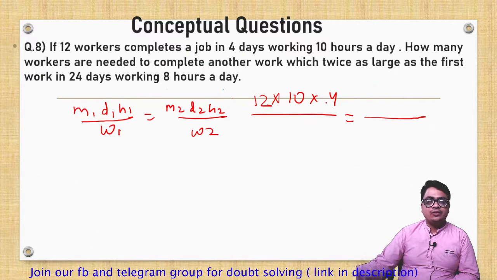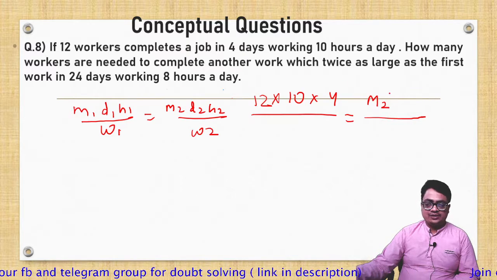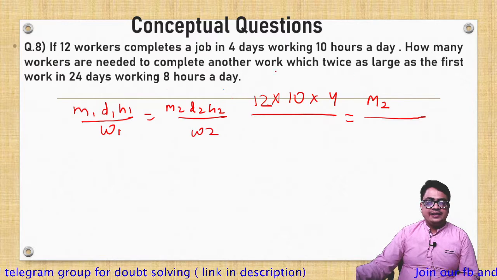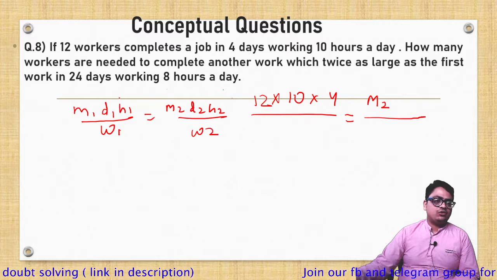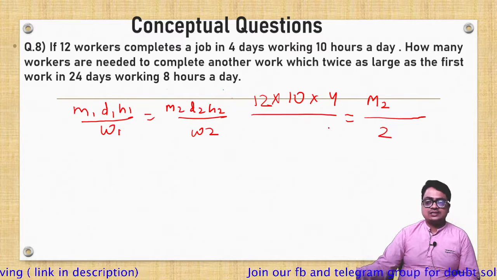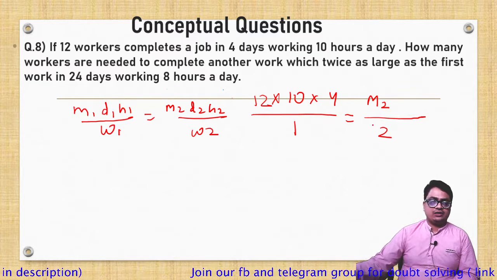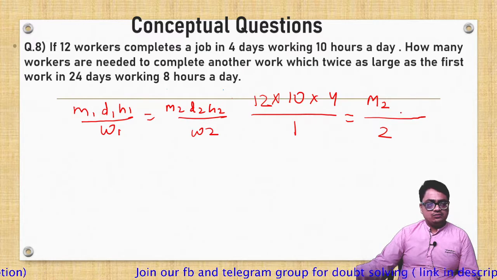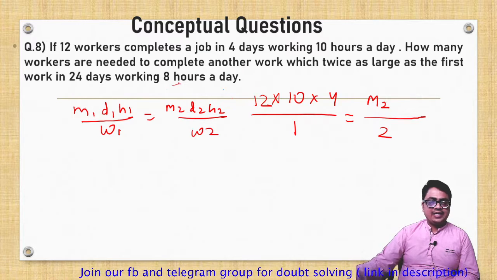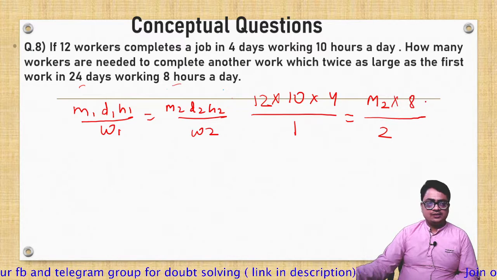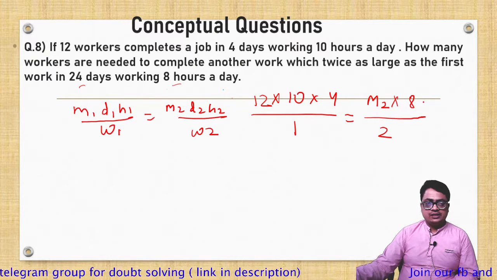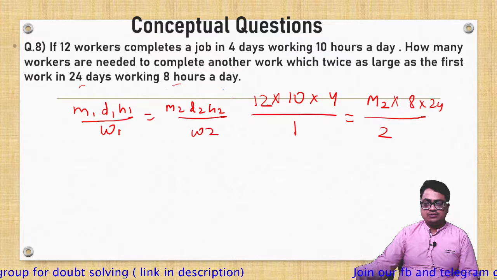It is asking about M2, the workers needed to complete work twice as large as the first work, so here the work will be 1. Working 8 hours a day for 24 days.